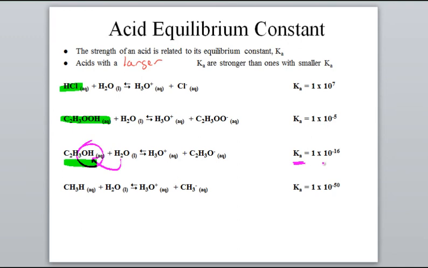Remember, the Ka just gives you an equilibrium. 10 to the negative 16th means it's mostly reactants, but you can form the anion by knocking that hydrogen nucleus away from the bonding electrons. And there's a Ka there. Even if you added ethanol to water and used a pH meter, you wouldn't see a noticeable change in pH, but it does occur.